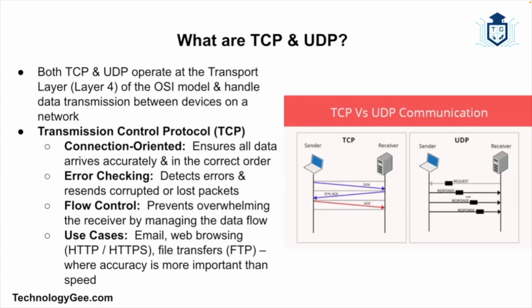It ensures reliability because the data is delivered in the correct order. It does error checking, so TCP performs checks to detect and resend corrupted data, and it does flow control, so it manages how data is sent to prevent overwhelming the receiver. TCP is essentially used when accurate delivery of data is more important than speed.